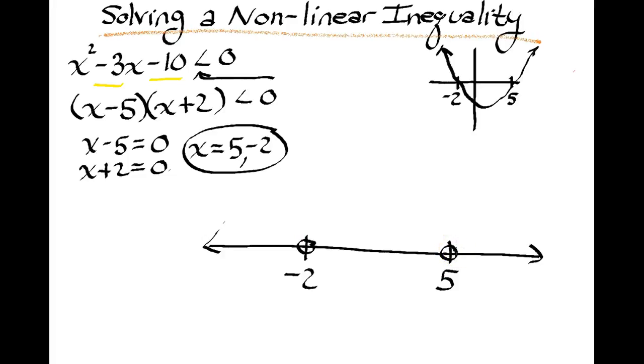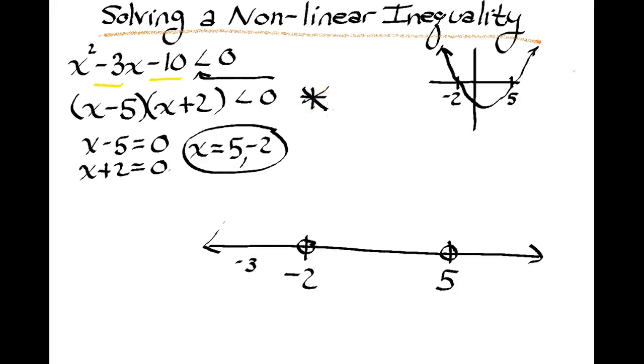The next thing it says is to choose a test point from each of the regions that your solutions to step 1 broke your graph up into. So it broke my x-axis into 3 regions, and in the first region I'm going to pick a -3 as a test point. I'm going to plug it into my polynomial, this one right here.